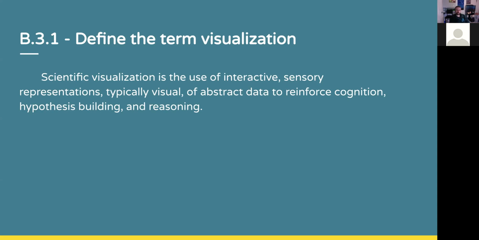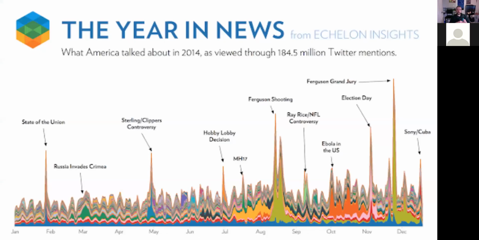Right? So here's some data. There are 4 different visualizations that I'm going to give you. This is the first one. This is all data taken from 2014, 185 million tweets. So 185 million tweets is big data. There's a lot of information in there.